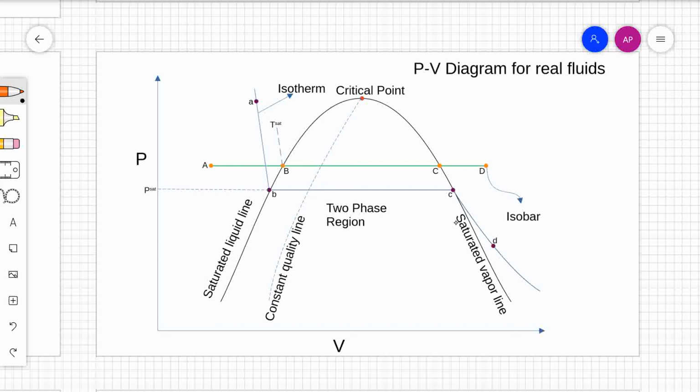But the boiling point is fixed. If you fix the pressure, the boiling point is fixed. As you reduce the pressure, the boiling point reduces. What is important to note from this diagram also is that as you increase the pressure, the change in volume from saturated liquid to saturated vapor reduces. But as you reduce the pressure, the change in volume from saturated liquid to saturated vapor increases.